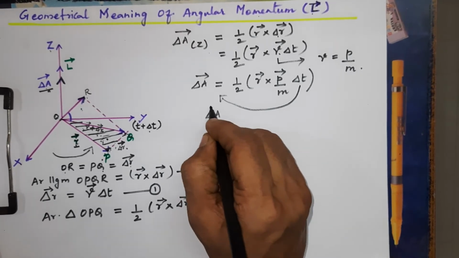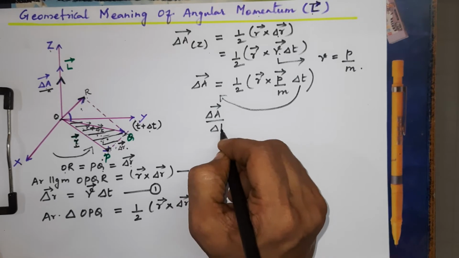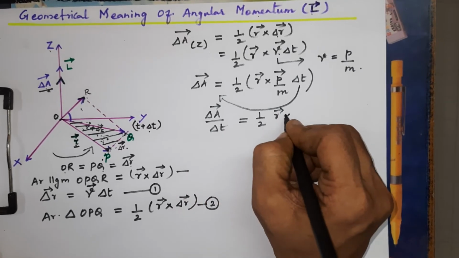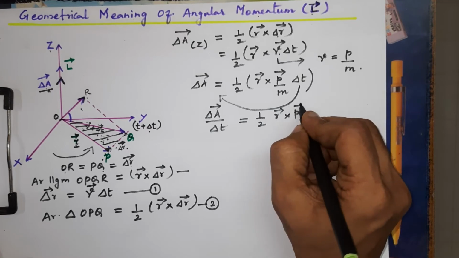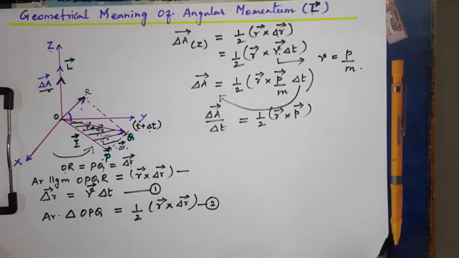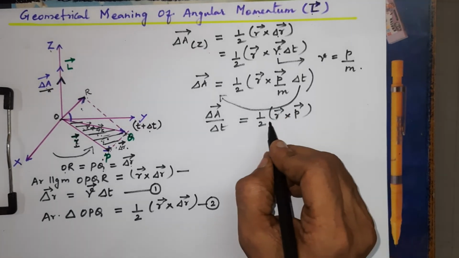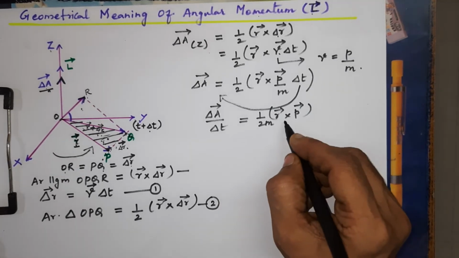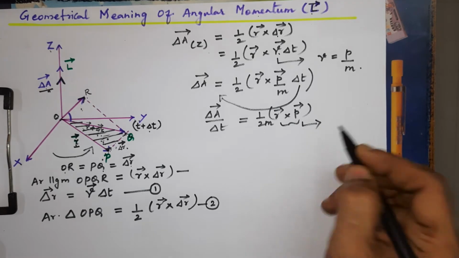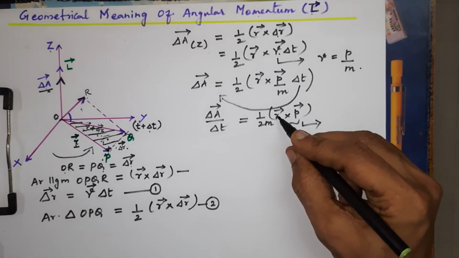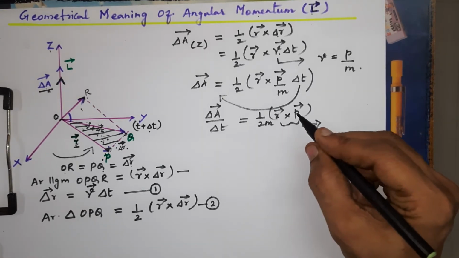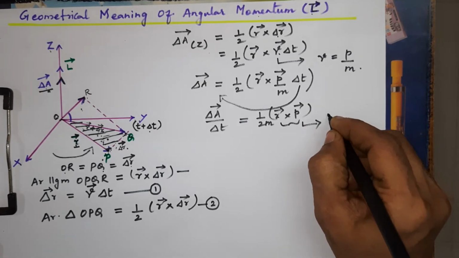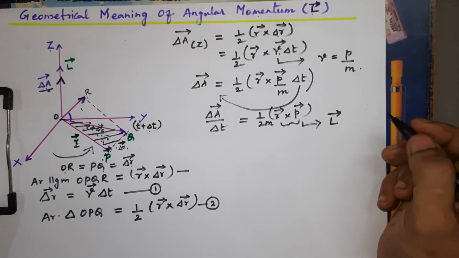So we can write delta A vector upon delta t as half r vector cross P, with m taken out as 1 by 2m. Now r cross p is nothing but the perpendicular distance multiplied by the linear momentum p, which will give you the angular momentum L.